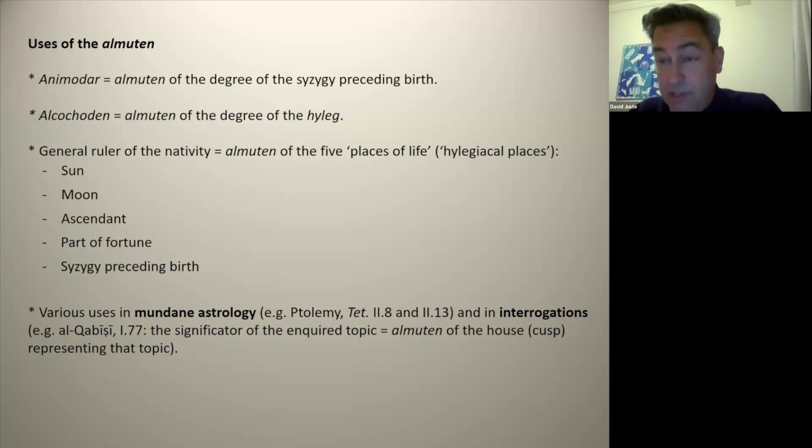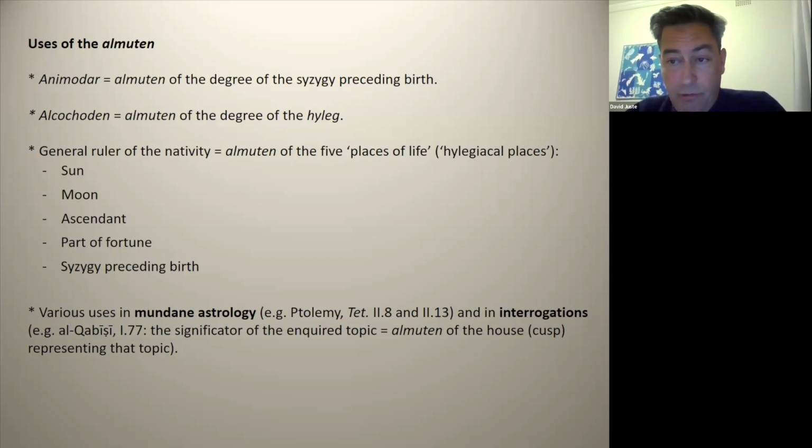And in practice, we see that almost all astrologers that interpret a nativity will use the Animodar, the Alcocoden, and often the general ruler of the nativity as well. Now, the Almuten is also used in other branches of astrology, like in mundane astrology. Look at Ptolemy, Tetrabiblos, Book 2, Chapter 8, Book 2, Chapter 13, and also in interrogations.